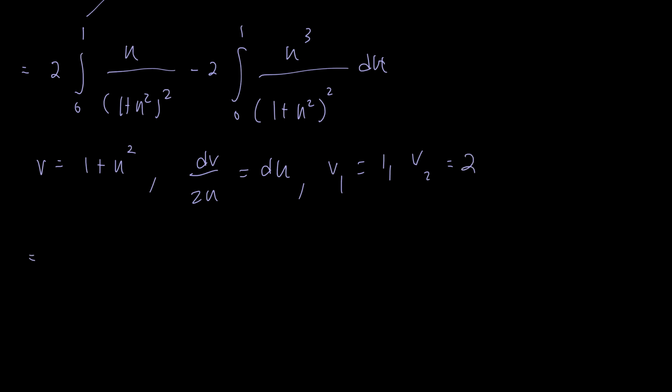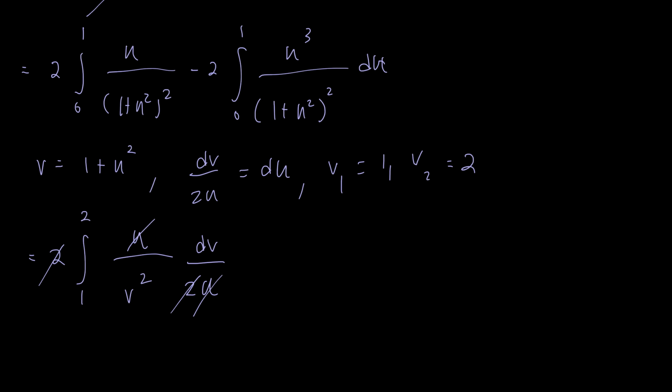So we have twice the integral from 1 to 2 of u over v squared times dv over 2u. And these u's end up canceling, and these 2's end up canceling.